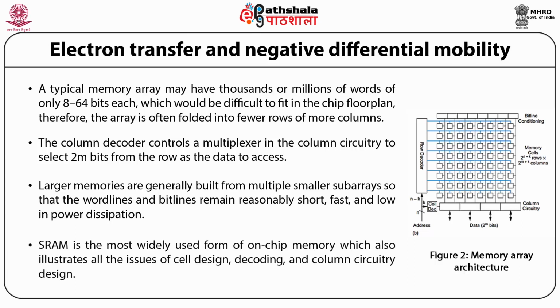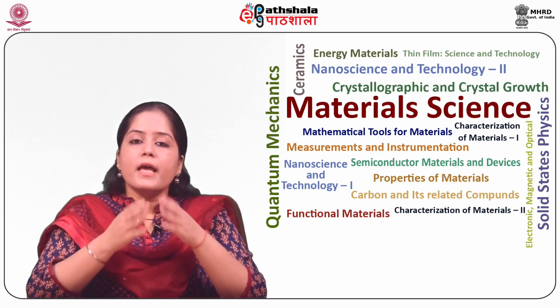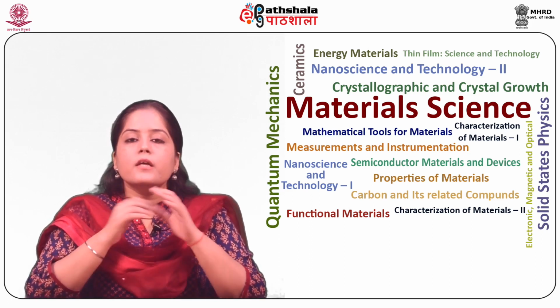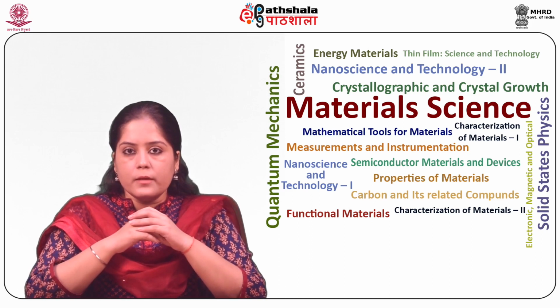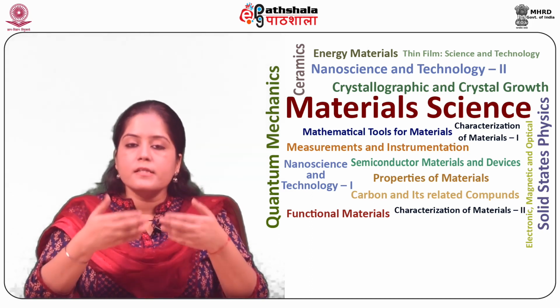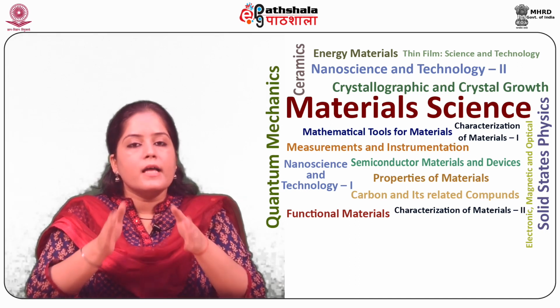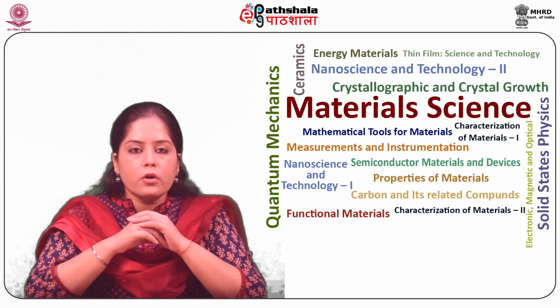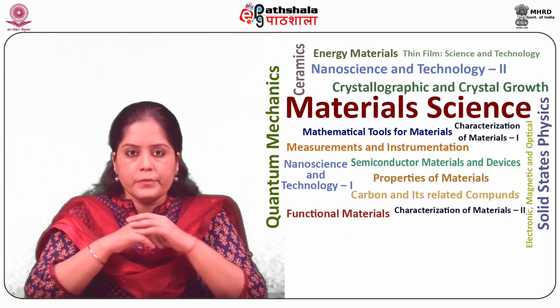Since SRAM is the most widely used form of on-chip memory, let us discuss the SRAM in more detail. SRAMs or static RAMs use a memory cell with internal feedback that retains its value as long as the power is applied and have the following advantages.